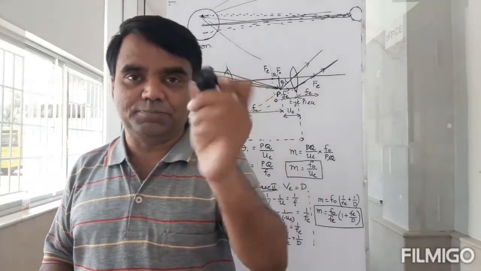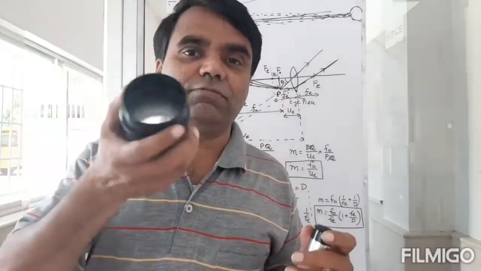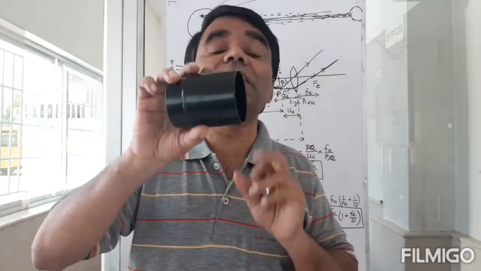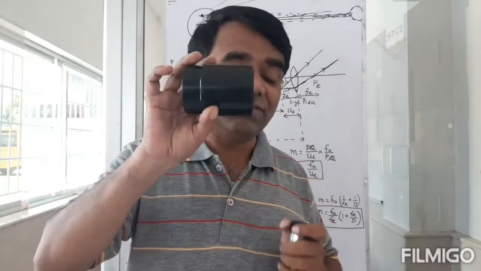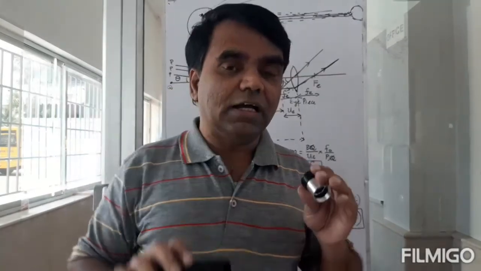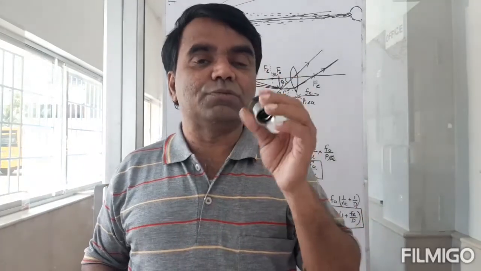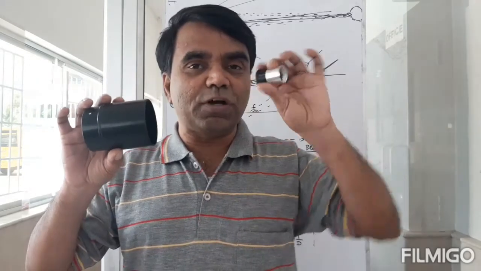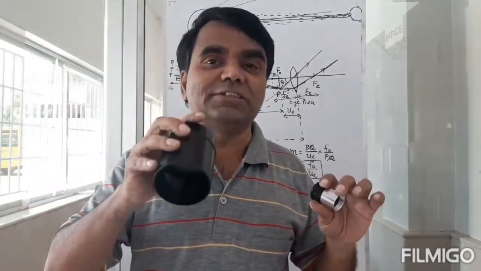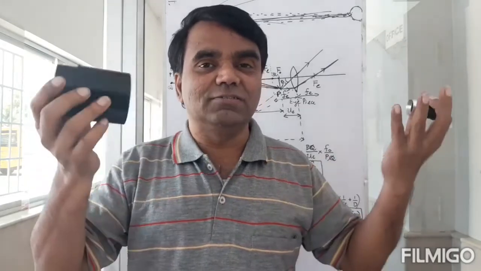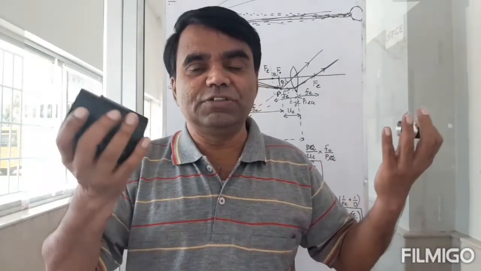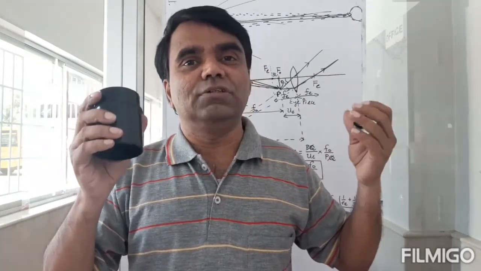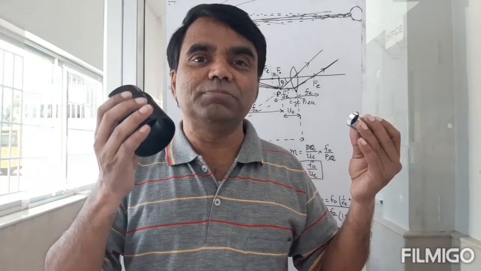This is the eyepiece and this is the objective of a telescope, and this focal length is 70 centimeters, and this focal length is 1.25 centimeters. So you'll get a good magnification, somewhere around 50 to 60 is what you'll get. That's the amount of magnification you're going to have with this.